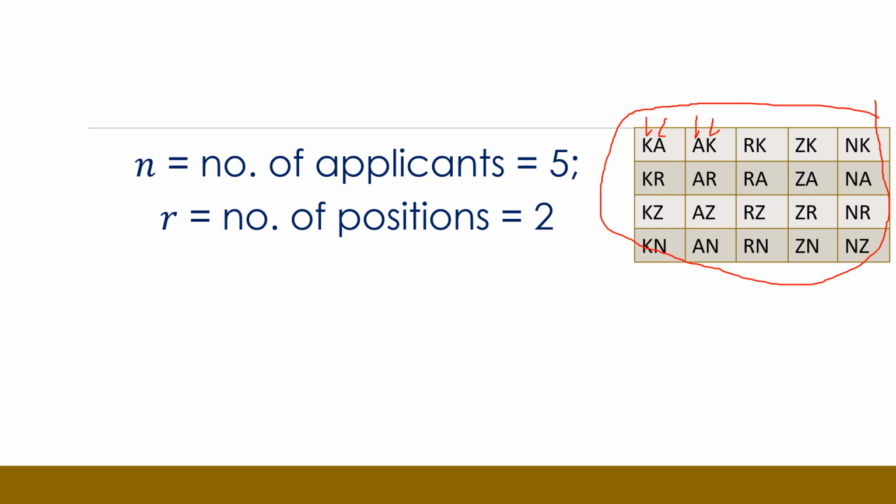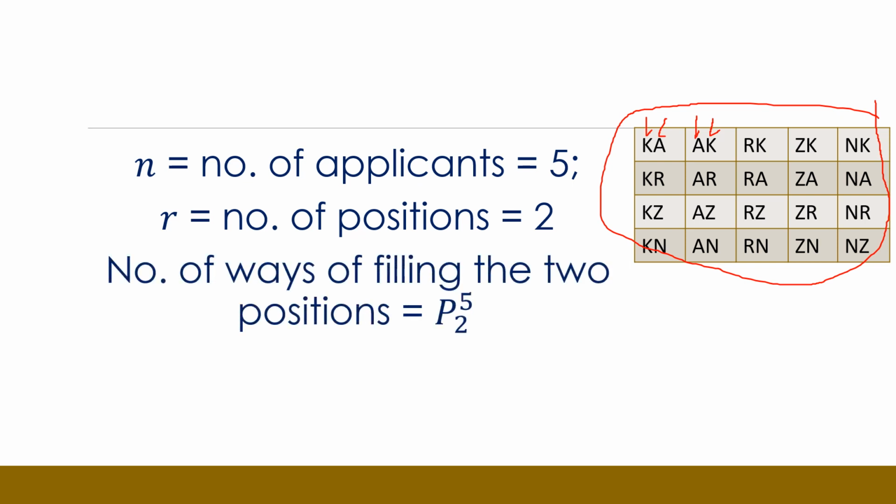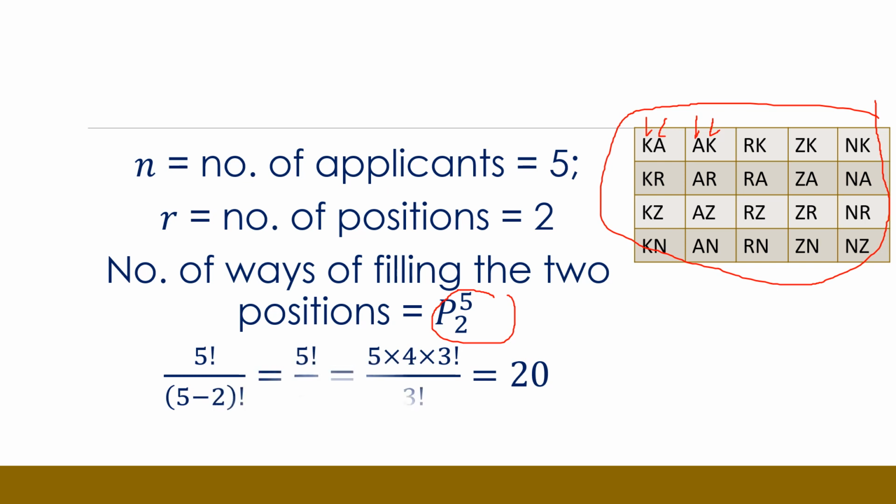So the number of ways of filling these 2 positions is going to be given by 5 permutation 2, which when we use a calculator will give us 5 over (5 minus 2) factorial. And cancelling out this, we get the answer is 20, which is the same as what we got when we used the table.